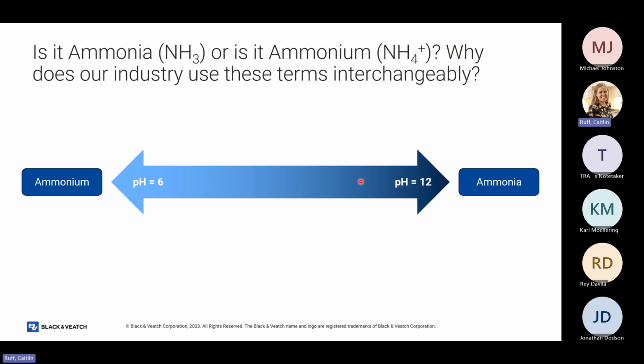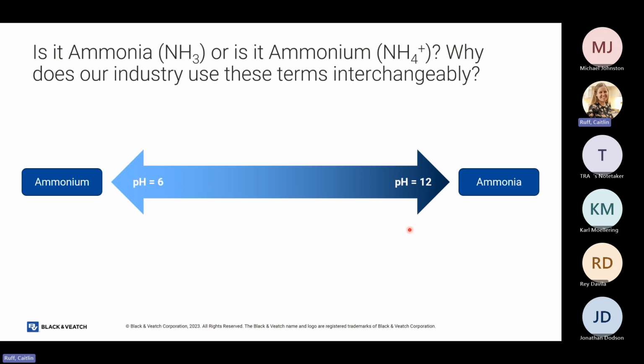But basically there's an equilibrium balance happening between ammonium and ammonia, and it's really dependent on the pH of the wastewater. When we're looking at more acidic solutions, closer to a pH of 6, we're favoring the ionic form, ammonium.